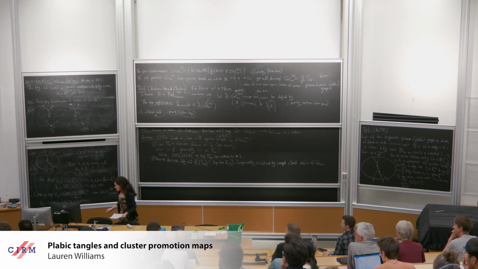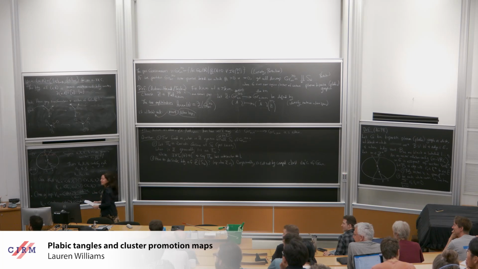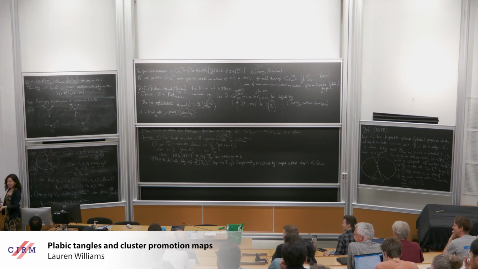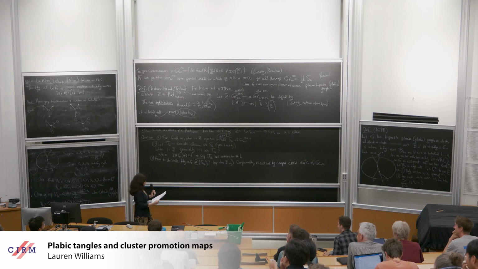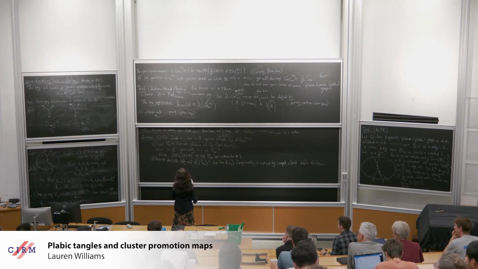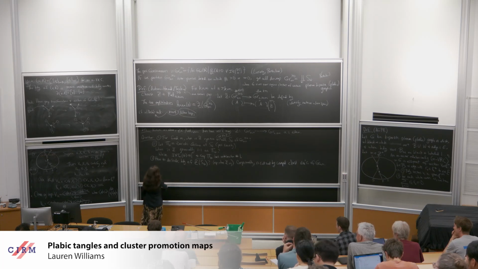Where is it actually? I'm writing on the board, but I can possibly hold my notes and microphone at the same time. Is that better? Yeah? Okay. Okay. Actually, this is a little bit tricky, but let's see how it goes.